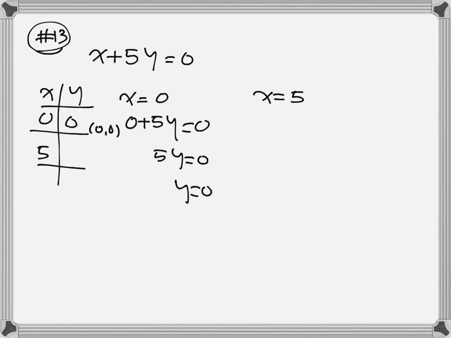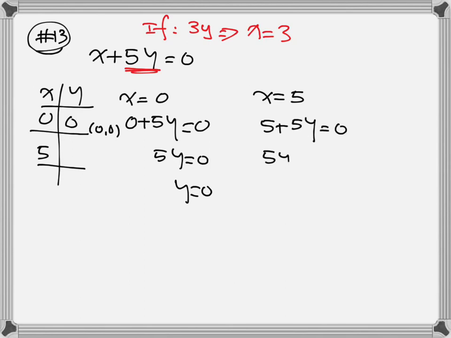The reason I use x equal to 5 is because my y over here is 5y. If you have 3y, then you use x equal to 3. Okay? So let's go back over here. So we have 5 plus 5y is equal to 0. So 5y is equal to negative 5. So y is equal to negative 1. So here we have 5, negative 1.